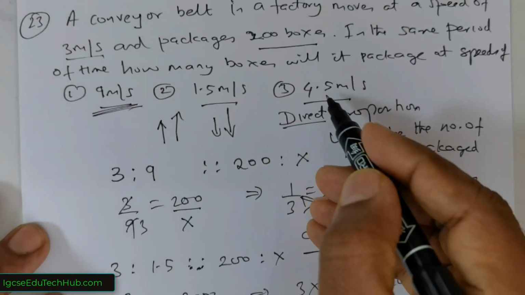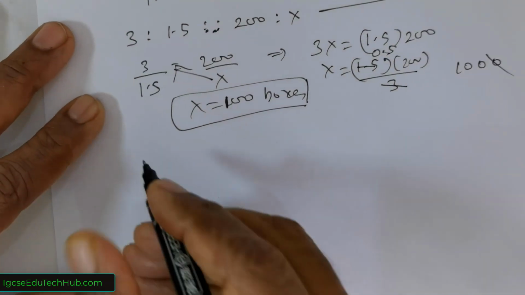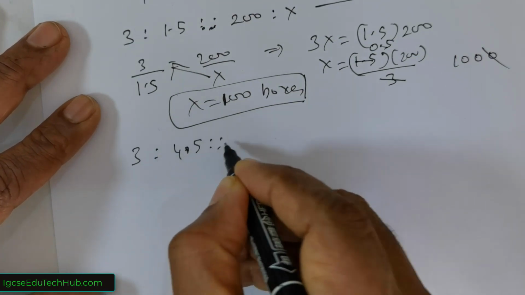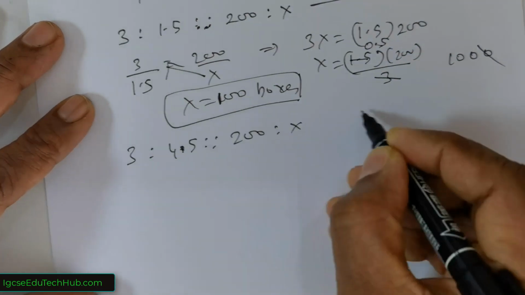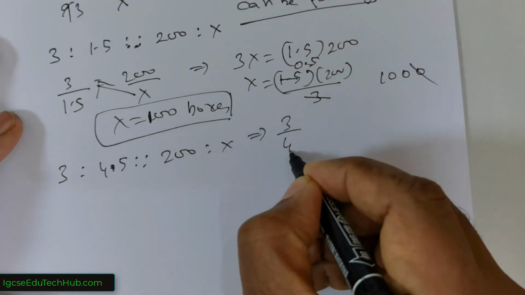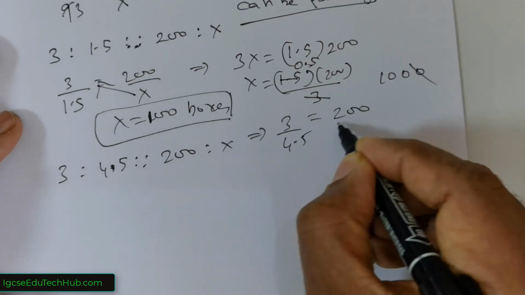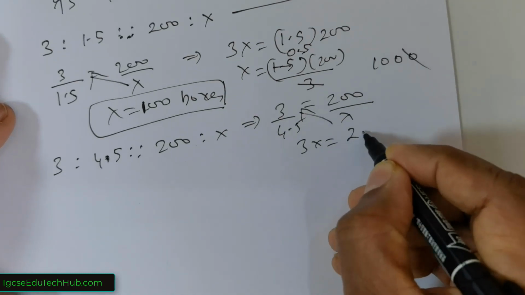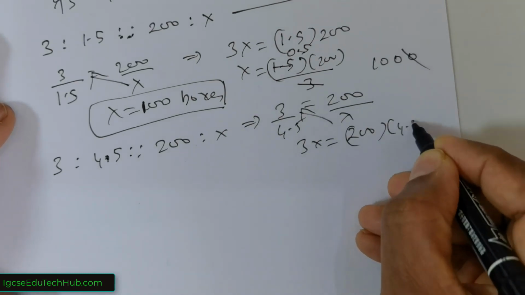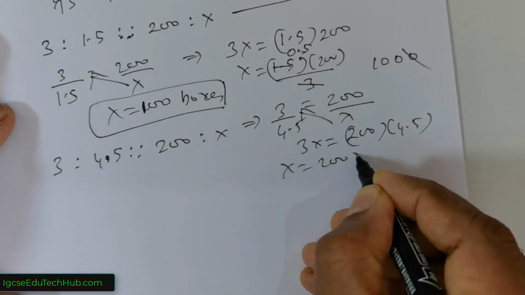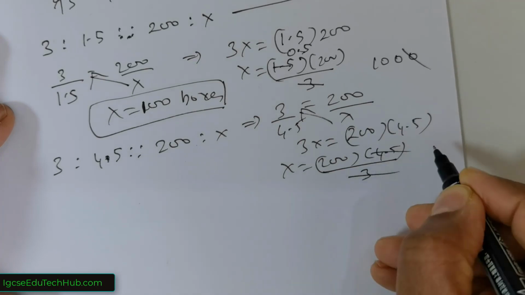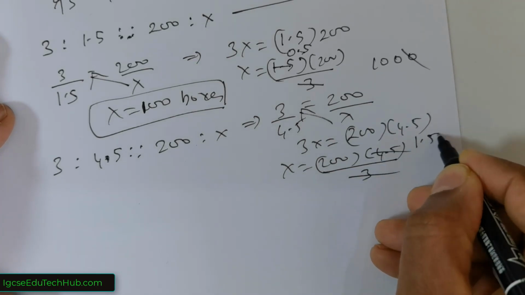So let me go to the next one, 4.5. So we formulate the system like this: 3 is to 4.5, 200 is to x. So I'm going to rewrite the system as 3 over 4.5 is equal to 200 over x. You cross multiply, you get 3 times x is equal to 200 multiplied with 4.5. So x is equal to 200 times 4.5 divided by 3. 3 divides here 1.5.